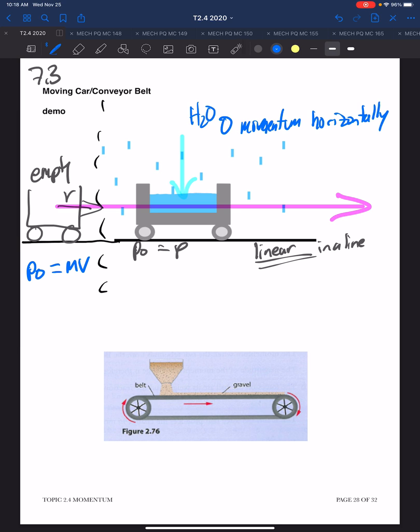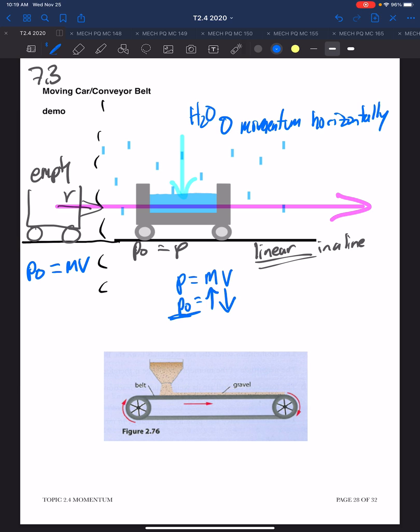So what is happening after it moves into the rain, and then as the rain collects, we have P0 as mv, and afterward we have our momentum at any instant in time, which will be equal to the mass and the velocity. Initially the mass was the cart, but the mass is now increasing. But the momentum stays the same. So that means the velocity must decrease.